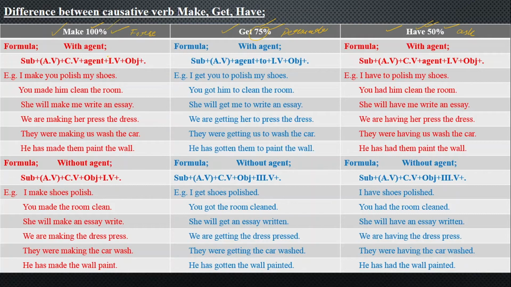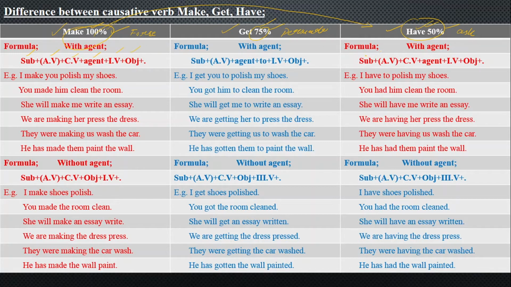Keep in your mind, causative verb make we have written in red. The formula of causative verb make and causative verb have with agent are equal, means they are the same. You can see I have mentioned subject, then auxiliary verb, then causative verb make, agent, first form of the verb, object, full stop.